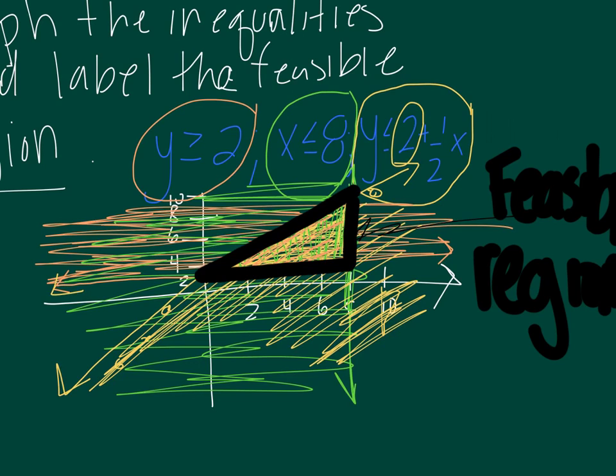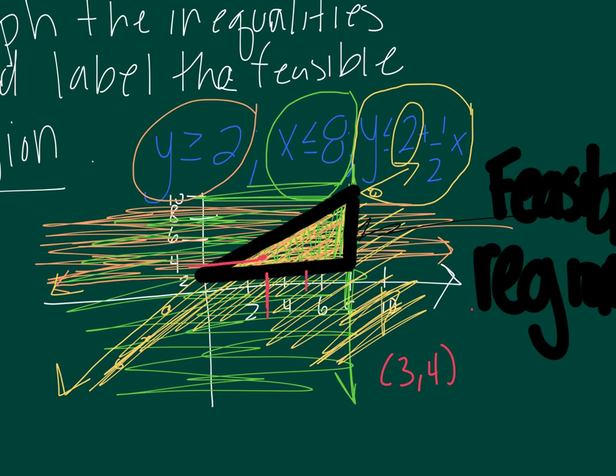So if this was a word problem, you can say 3, let's do an easy point. So we can say 3, 4. That works. 3, 4 is in the feasible region.